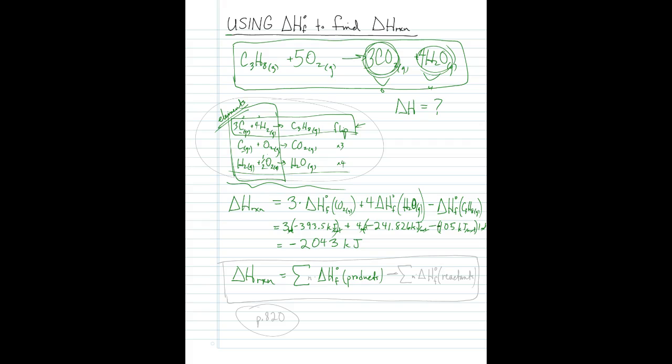Minus the sum of the delta H's, and of course they're multiplied by their coefficients too, whatever they are. Delta H of formation of the reactants. Because if we were to go back and do this whole thing where we add up all the equations together, we would have to flip the formation reactions for all of the reactants. That's why we have this negative sign here.